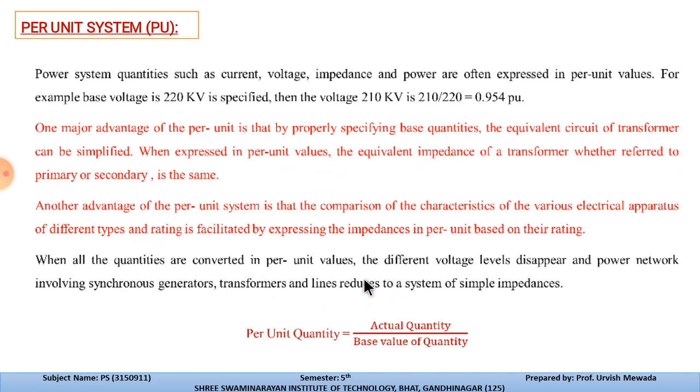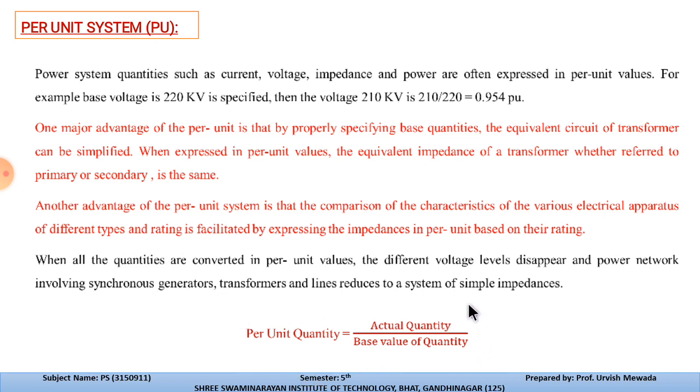Another advantage of the per unit system is that the comparison of the characteristics of various electrical apparatus of different types and ratings is facilitated by expressing the impedance in per unit based on their rating.